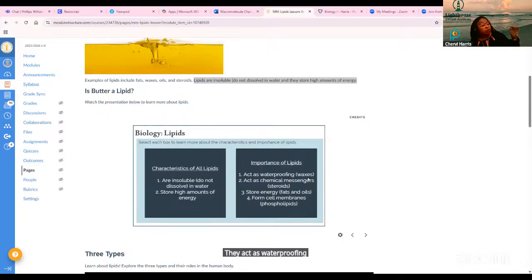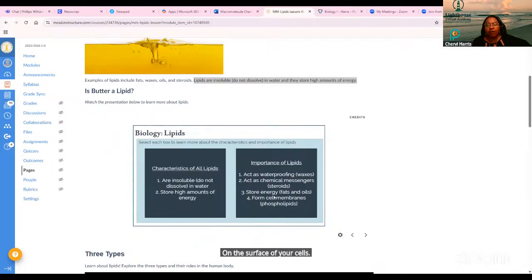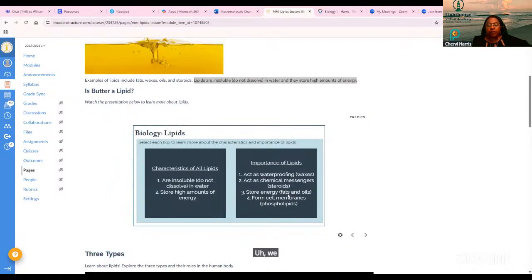The reason you don't get soggy when water gets on your skin is that you have a little waterproofing on the surface of your cells. They are chemical messengers when they are steroids. We already wrote that they store energy and they form the membranes in our phospholipids. So put this under the first column.